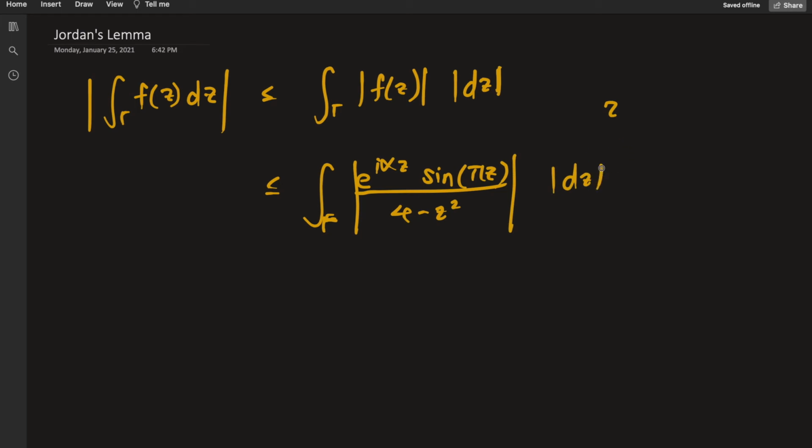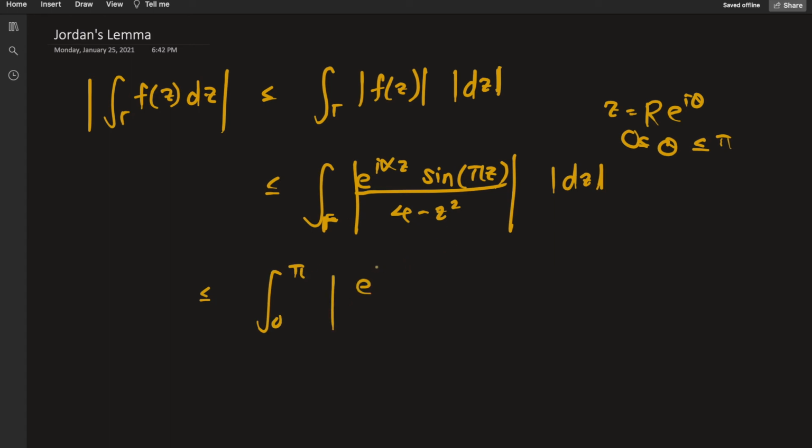Now for the semicircular path, z can be parameterized as r e to the I theta. I'm not adding anything like 2 because we're centered at the origin. Back then we were centered at negative and positive 2 respectively for the beta integrals. And theta is going from 0 to pi again. But here we can directly go from 0 to pi.